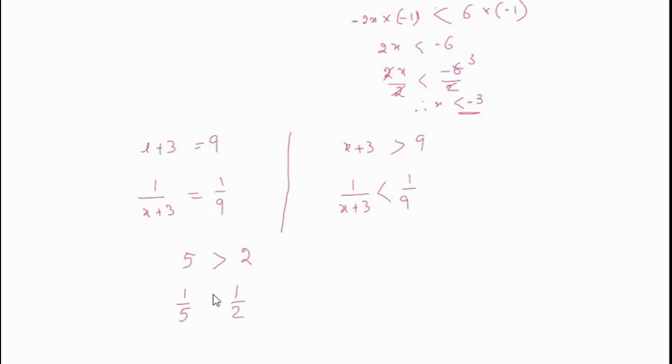So 1 by 5 less than 1 by 2, or this can be also written as 1 by 5 is nothing but in decimal 0.2, less than half, which can be written as 0.5. In case of an inequation, this is not a linear inequation, this is still an inequation, but not linear inequation. If you inverse the quantity on both sides, the inequality sign changes or it gets reversed.